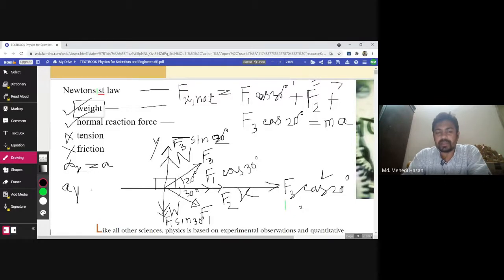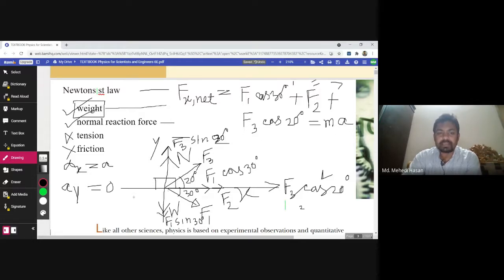So this is the main equation of motion along the x-axis according to Newton's second law. So if F1, F2, and F3 are given and mass is given, you can easily find out the acceleration by using this equation.